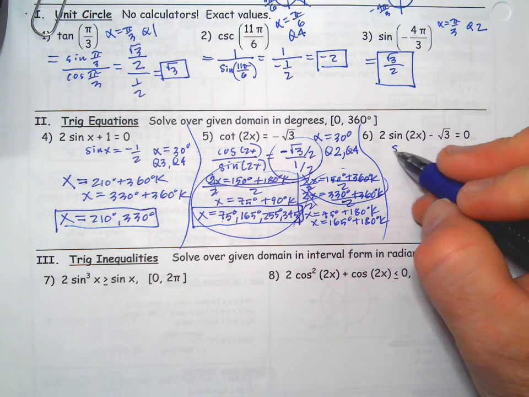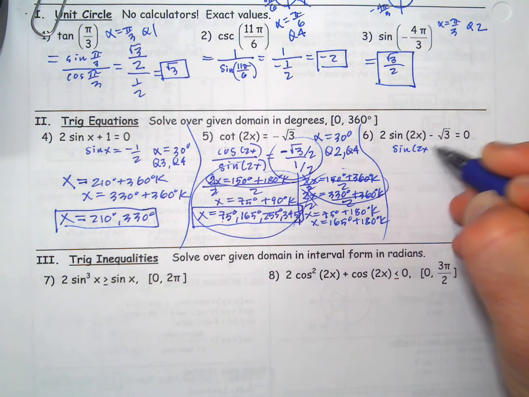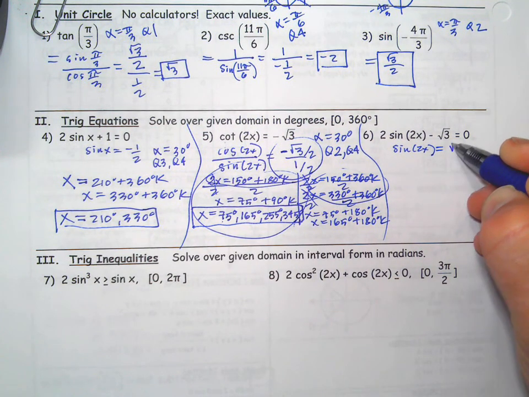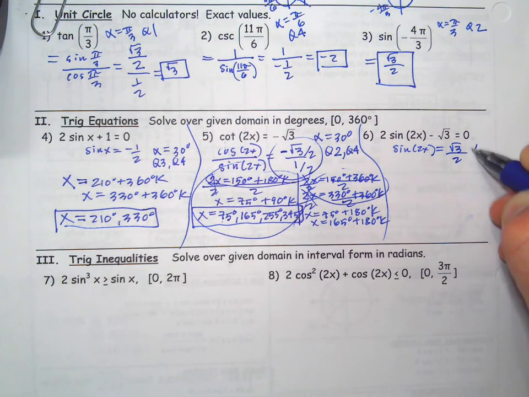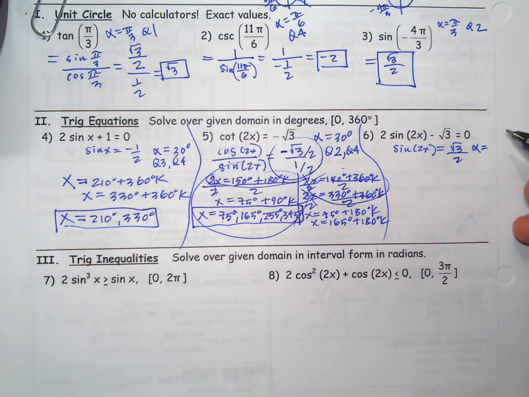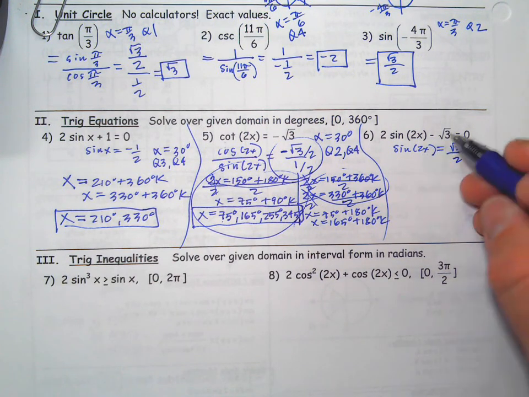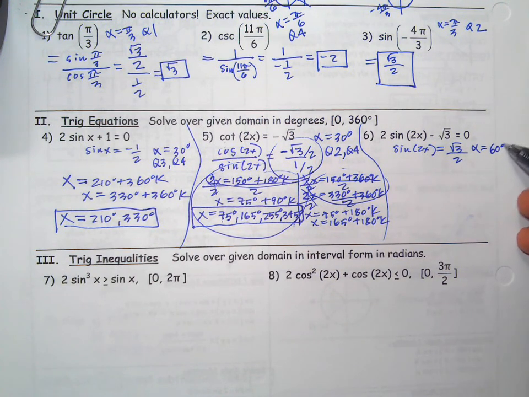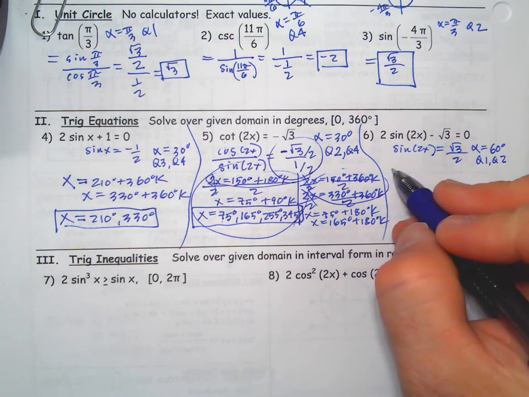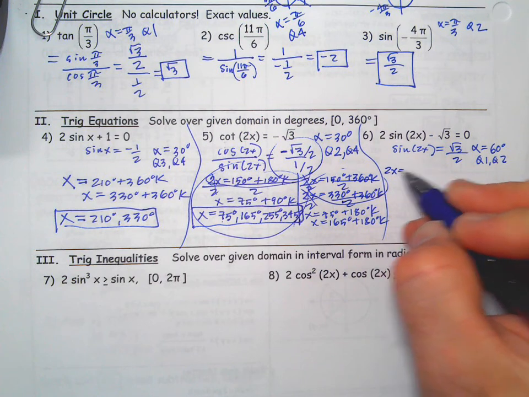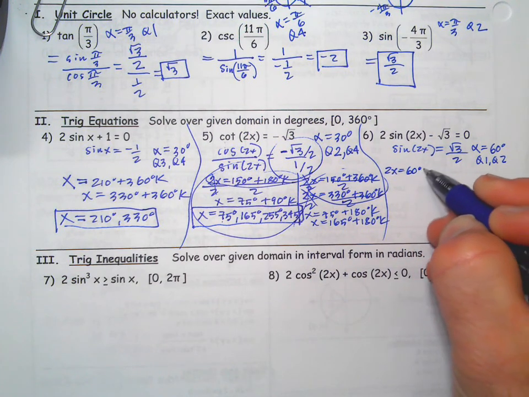This one, we're going to isolate the trig, add root 3, divide by 2. Alpha is, in degrees, this is 0, 1/2, root 2 over 2, root 3 over 2. That further angle, 0, 30, 45, 60 degrees. Quadrants 1 and 2 is where it's positive. 2x equals, quadrant 1 would be 60 plus 360k.